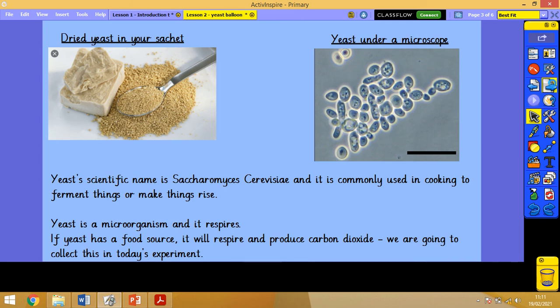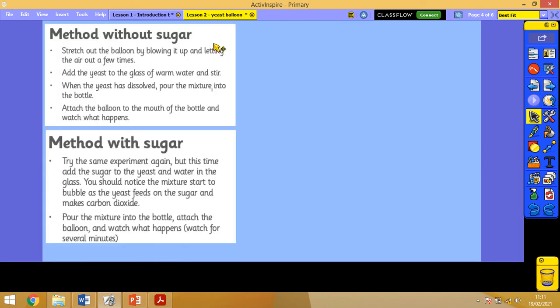You will need 2 bottles for this, or just 1 bottle, which is absolutely fine. If you're using 2 bottles, put half of the yeast in each. First blow the balloons up and let the air out. Do that a few times because it'll stretch them, and that'll be good.